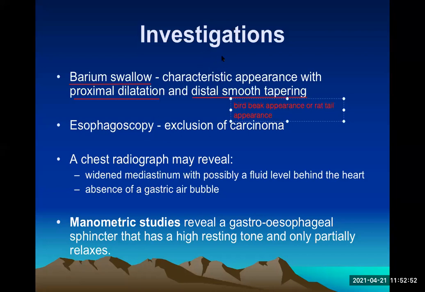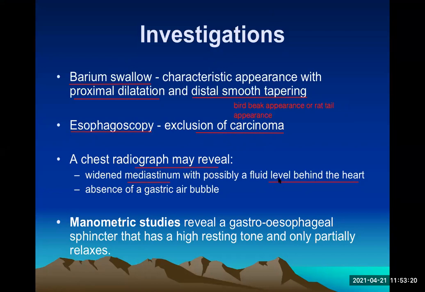Now, the second important investigation we can do is esophagoscopy. This is endoscopy of the esophagus, and it can exclude carcinoma if it is occurring there. A chest radiograph may reveal a widened mediastinum with possibly a fluid level behind the heart, because this is a case of obstruction.